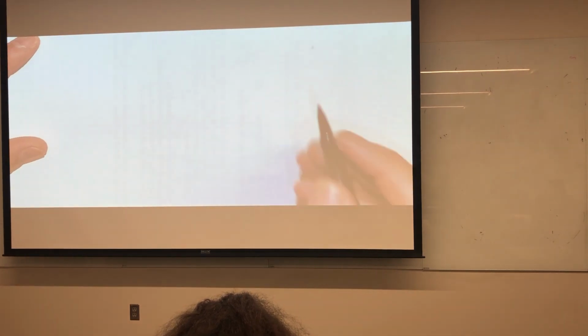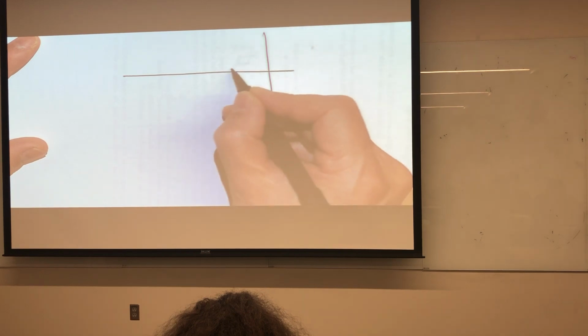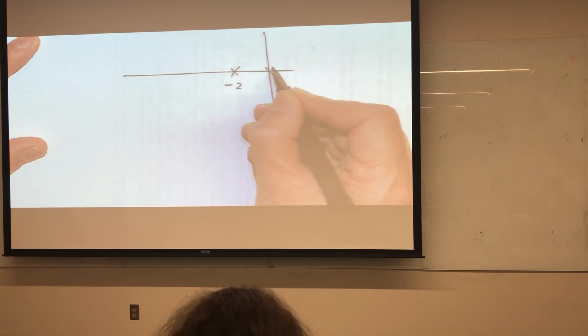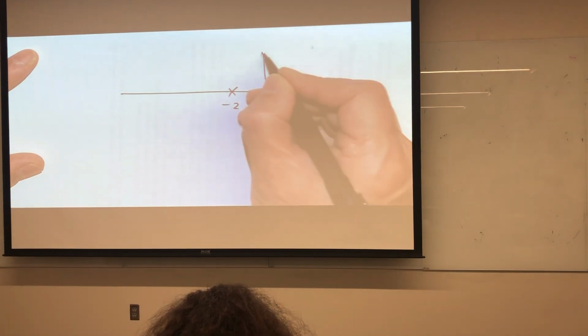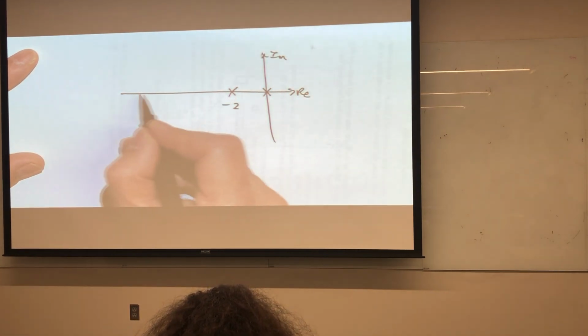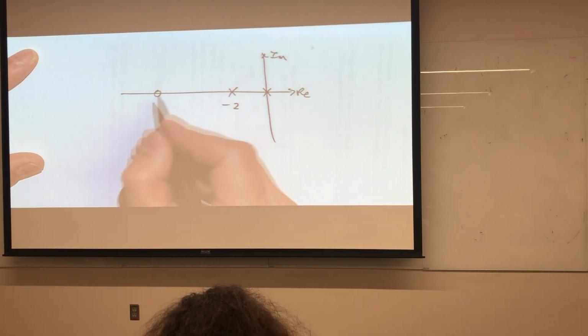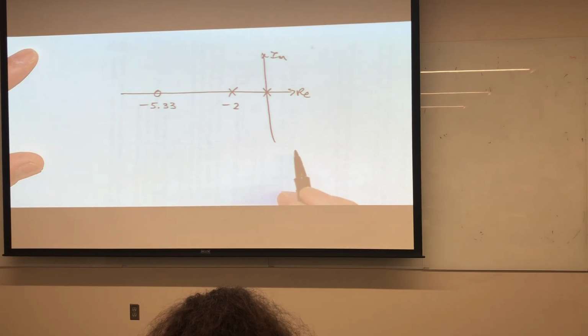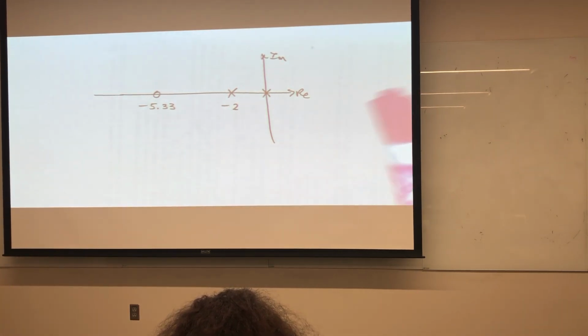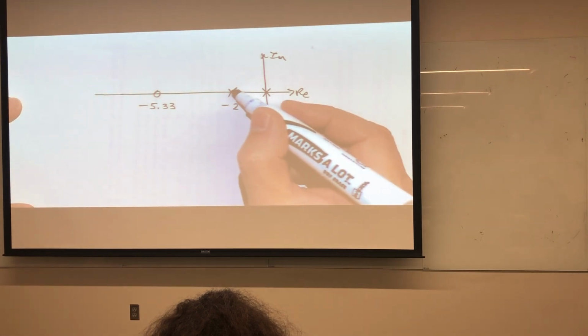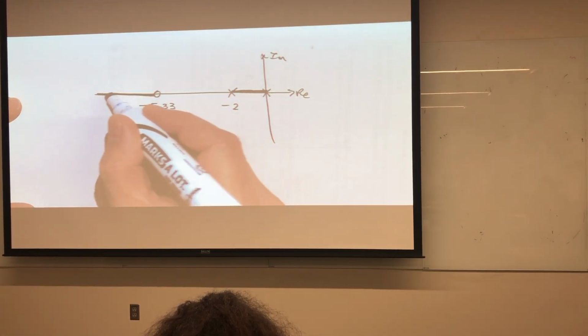So now our root locus diagram, things are starting to come together. We have the plant pole at -2, a compensator pole at the origin, and now we have something out here at -5.33. And the root locus diagram is going to be this and this.